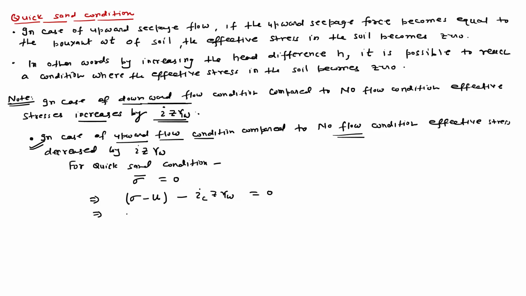So sigma is z into gamma sat minus u, which is z gamma w, minus IC z gamma w, equal to 0.